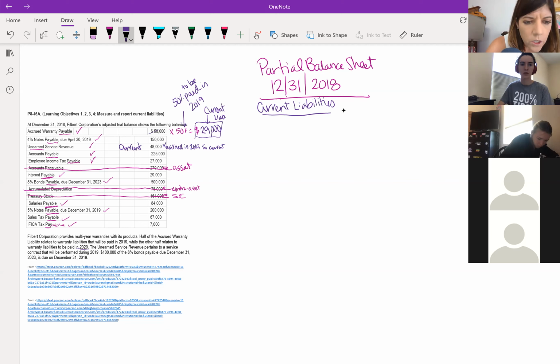For the last portion, $100,000 of the 8% bonds payable due December 31st, 2023 is due on December 31st, 2019. So here's my bonds payable that are due on December 31st, 2023. 500,000 is not going to be the amount that we're going to use, but how much is current? 8,000.